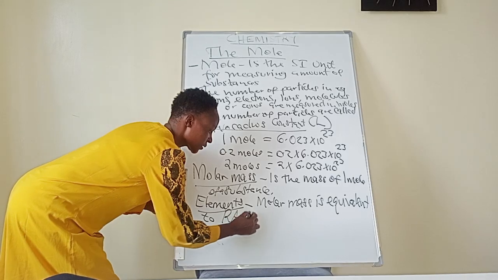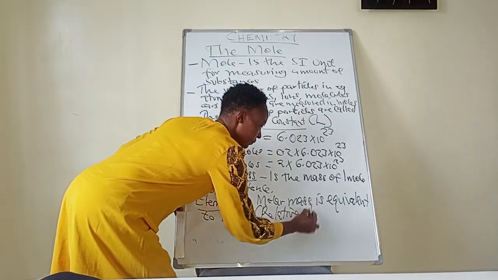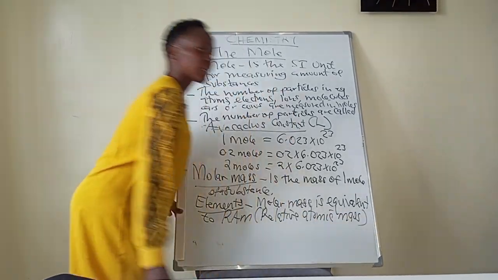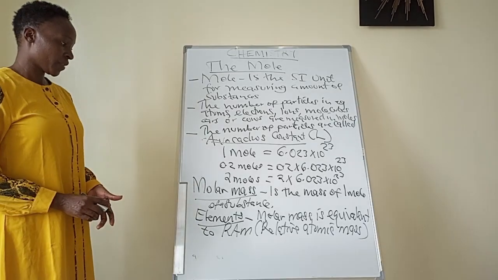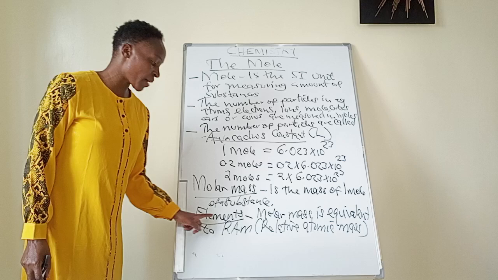And RAM means relative atomic mass of that element, for example. So we are saying that the molar mass will be equivalent to the relative atomic mass of an element.